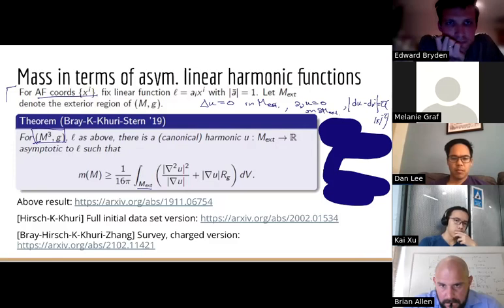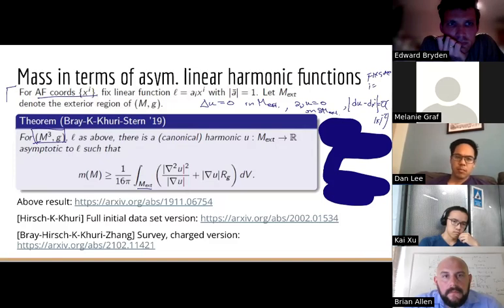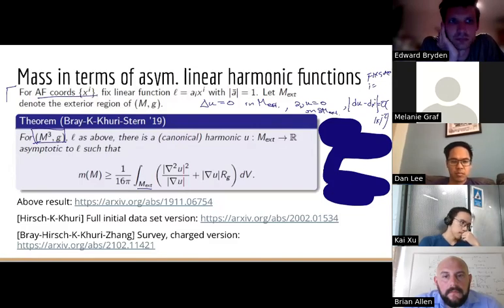So the function itself is asymptotic to, fixing some i, some number between 1, 2, or 3, one of the three asymptotic coordinates at infinity, and you can solve for such a function, not uniquely, but up to an additive constant it is unique.